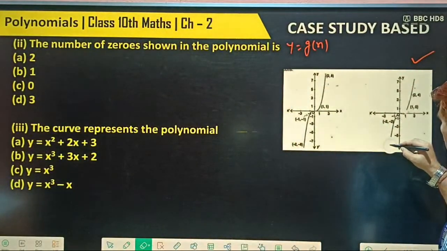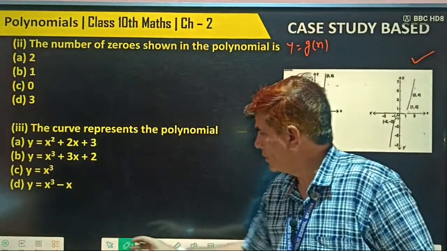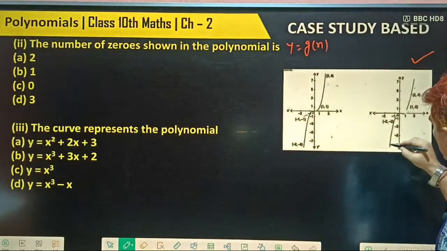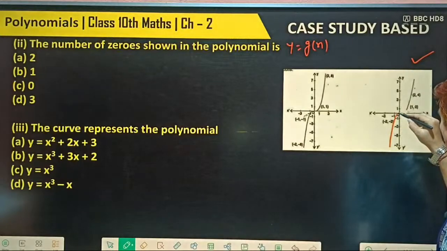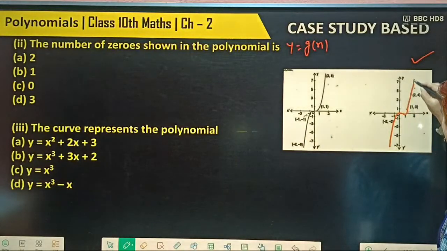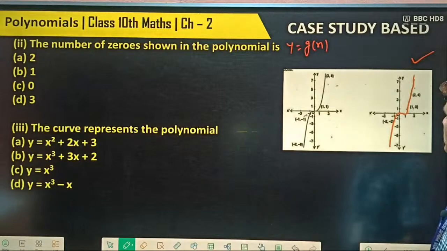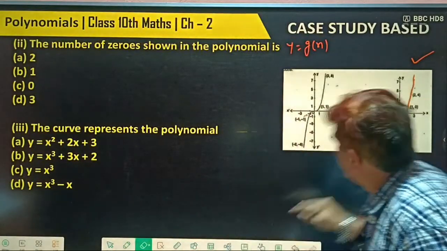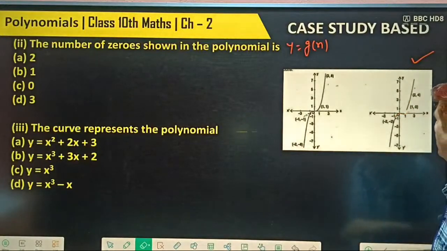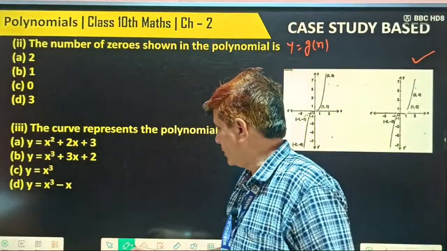Cutting the x-axis at how many points? 2 points. It's coming down and then cutting. So this graph is like this.